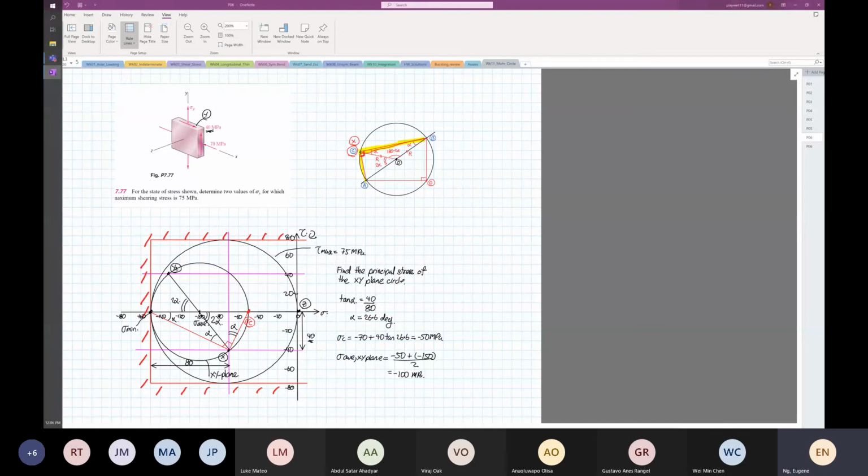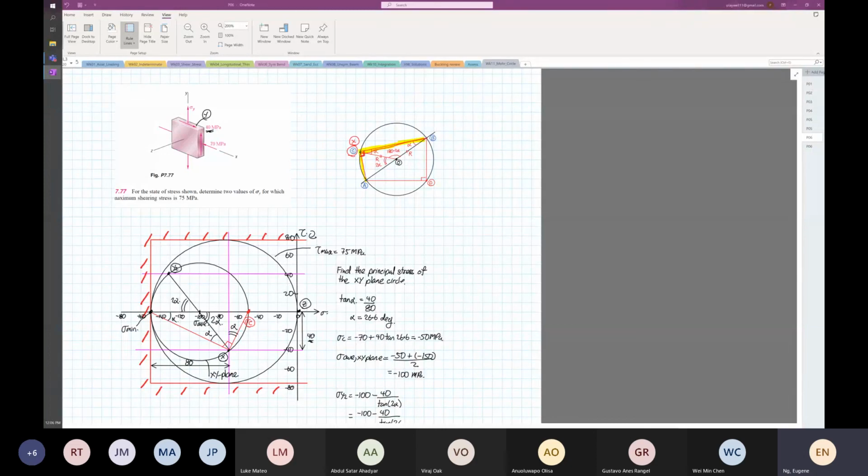Stress Y2 is equal to minus 100 minus 40 divided by tangent 2 alpha.